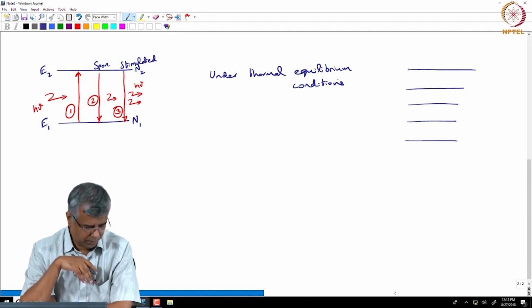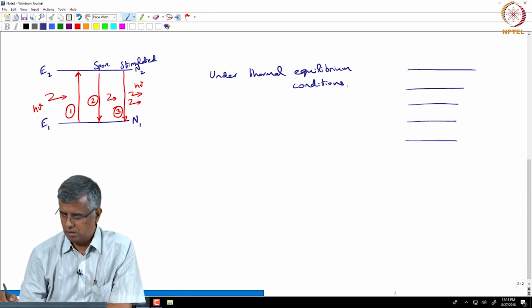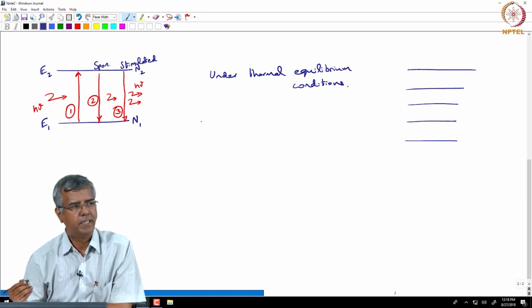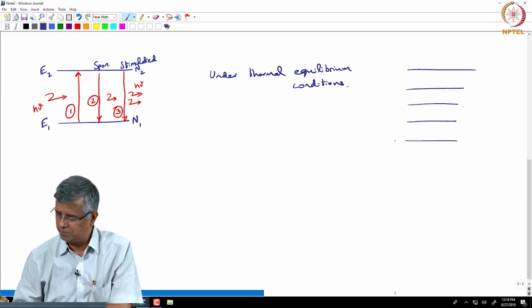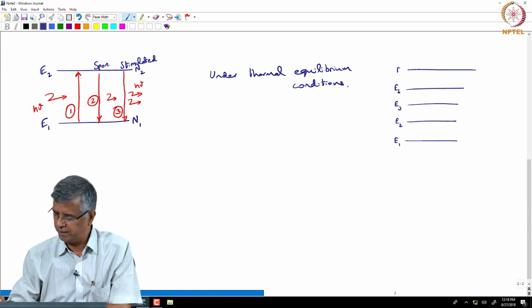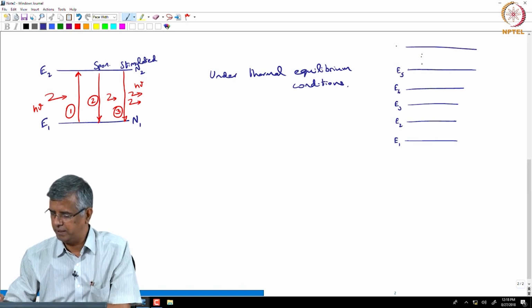Under thermal equilibrium conditions, the probability that you will find an electron at an energy level Em, let's basically say this corresponds to E1, E2, E3, E4, E5 and all that, right, and some arbitrary energy level Em.